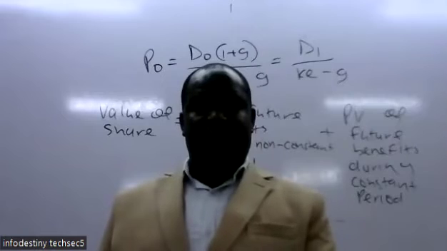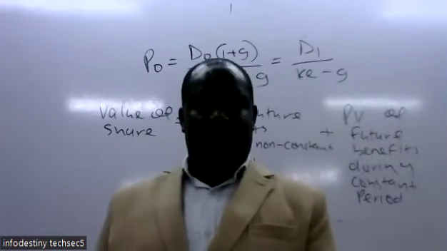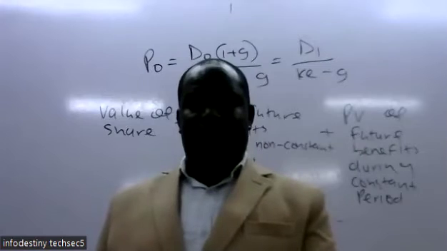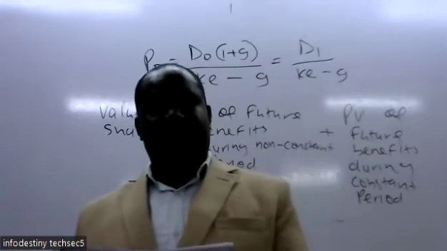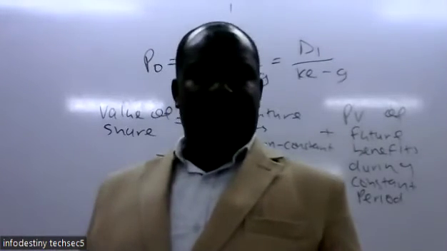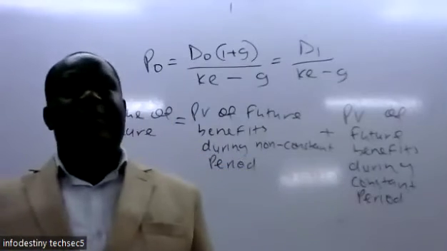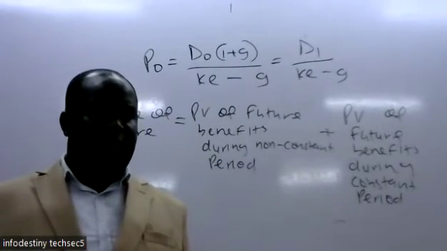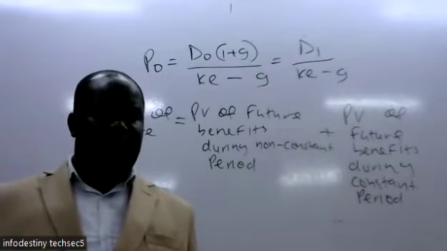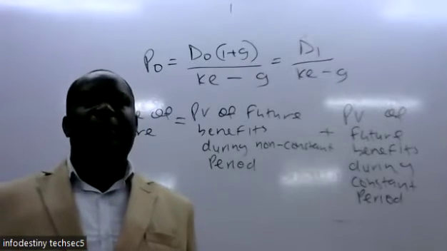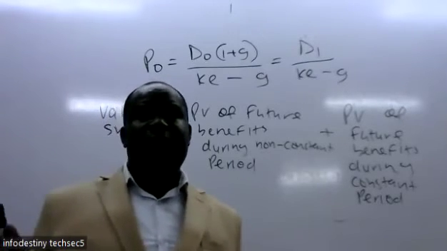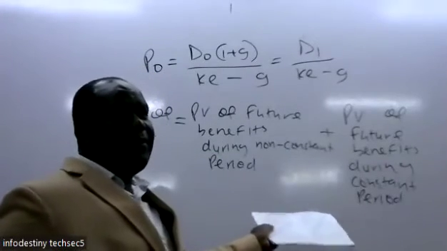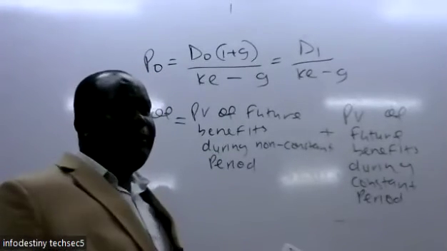So the concept is in note number 1, where they have said that the stock market analysts expect the earnings and the dividend to grow at a rate of 25% per annum for the next 3 years. Thereafter, the annual growth rate will revert to the company's growth rate and remain constant each year to perpetuity. So the first 3 years are the non-constant period, because it is increasing at 25%.